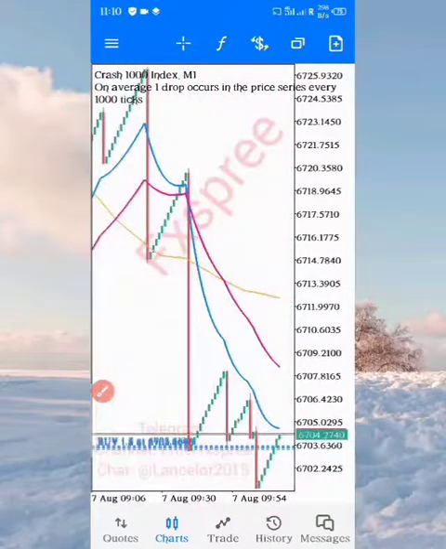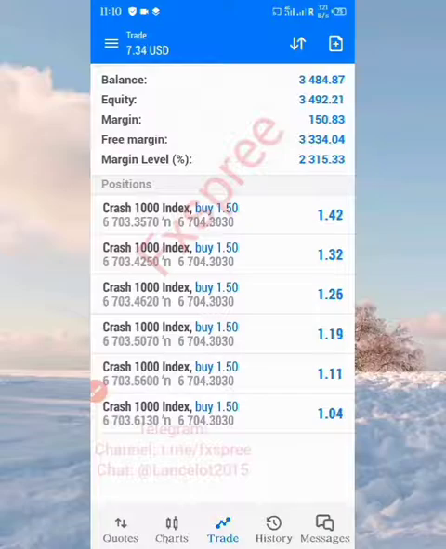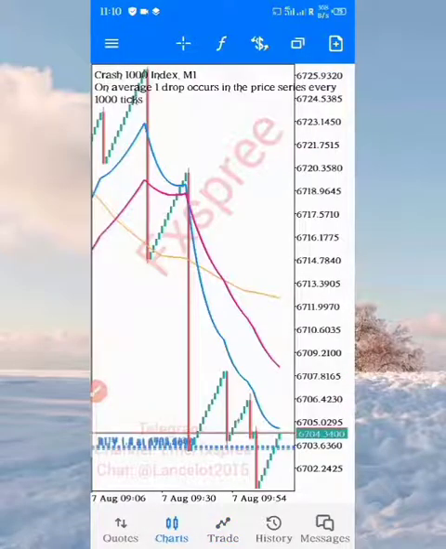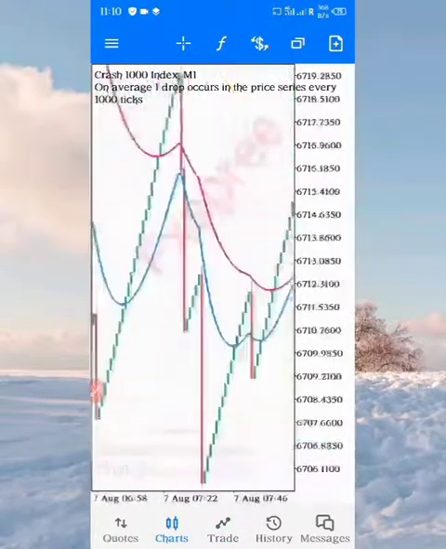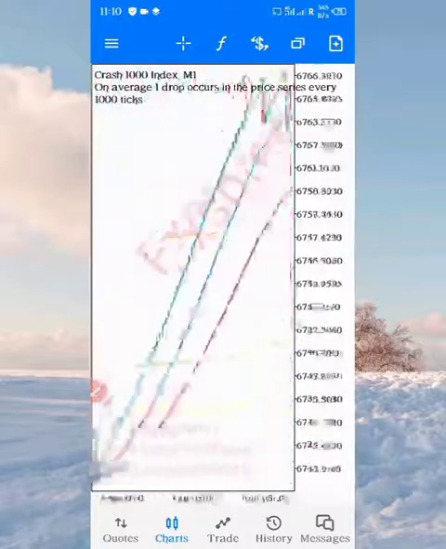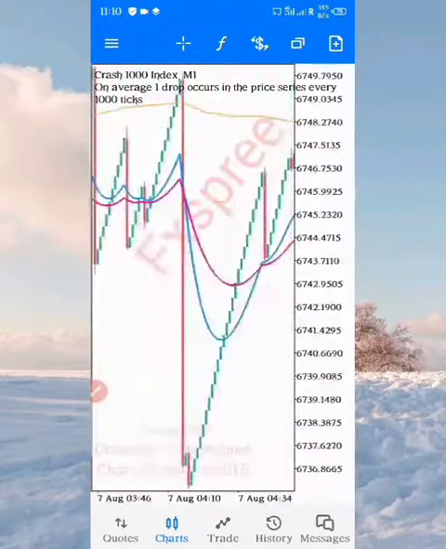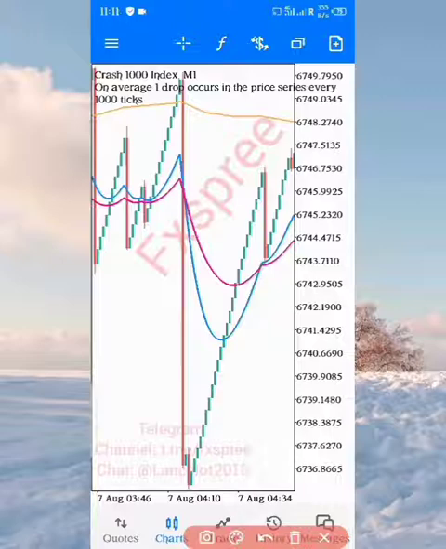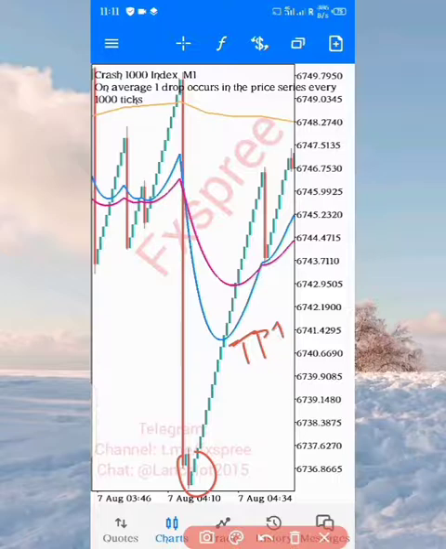I'm waiting for this, almost touching the TP1 now. More examples. This is another one from here, TP1, TP2.